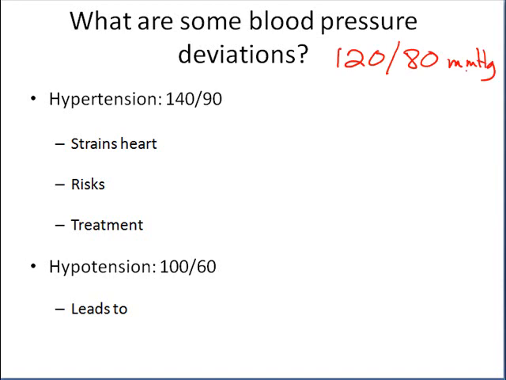If a person at rest, and that's the key here, at rest, consistently has a blood pressure that exceeds 140 over 90, that's higher than 140 over 90, we consider them to have hypertension. That means high blood pressure. There are a number of reasons why having high blood pressure is not good, one of which obviously is the simple fact that the higher the pressure is, the harder the heart has to work in order to move blood through the vasculature. So it puts a lot of strain on the heart because of that high afterload.